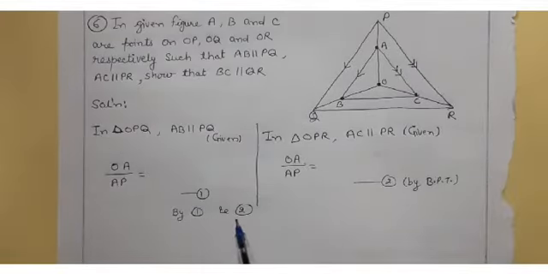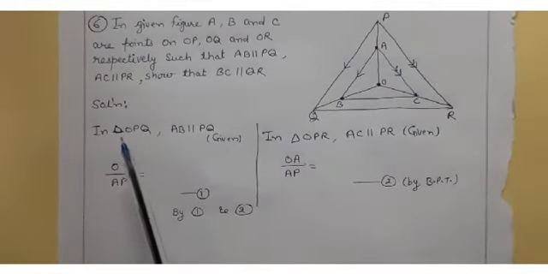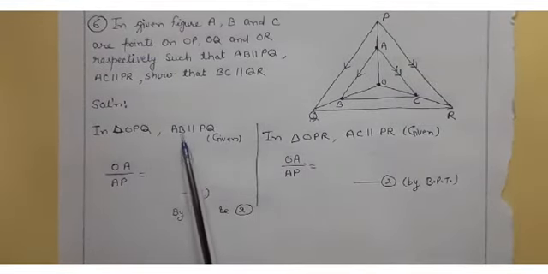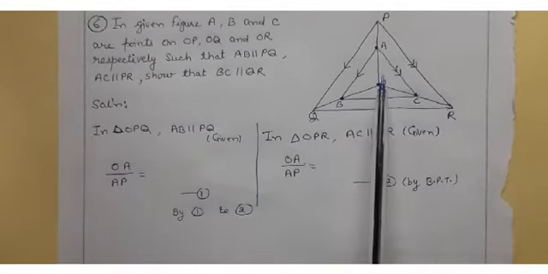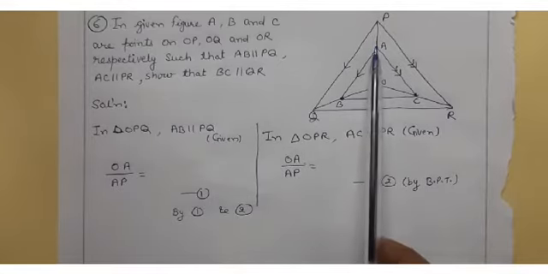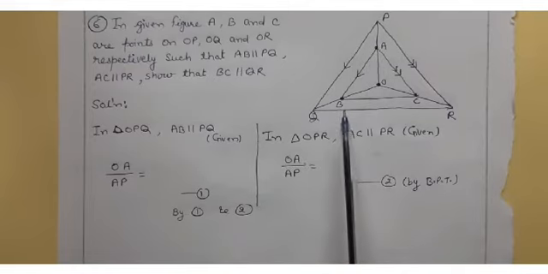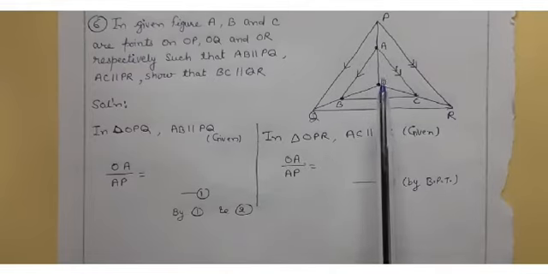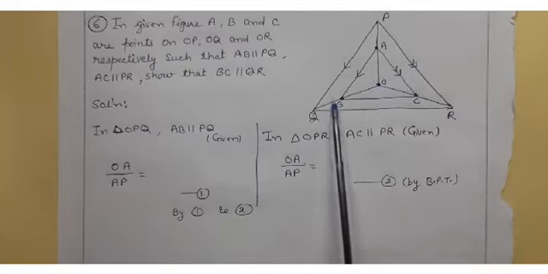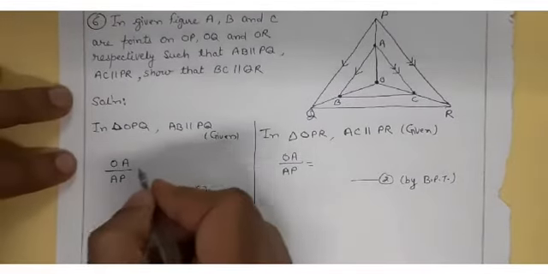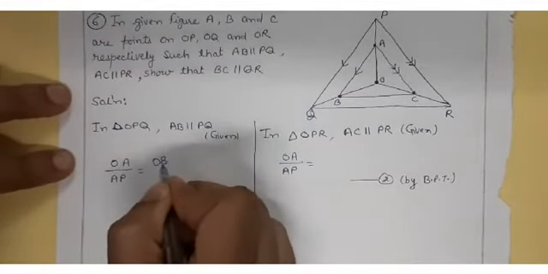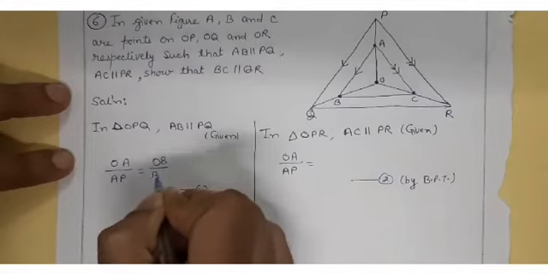Now I am taking two triangles. One triangle is OPQ where AB is parallel to PQ, which is given. Then OA upon AP is equal to OB upon BQ. I am writing here OB upon BQ.